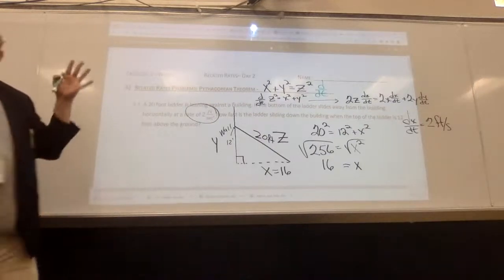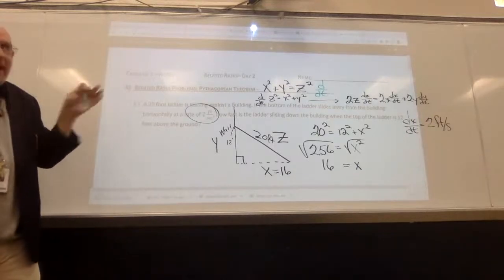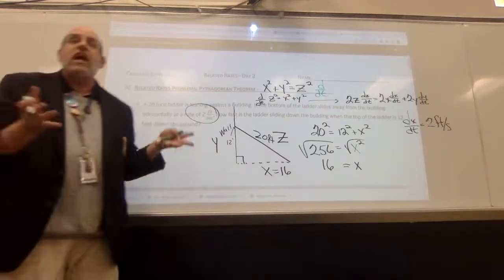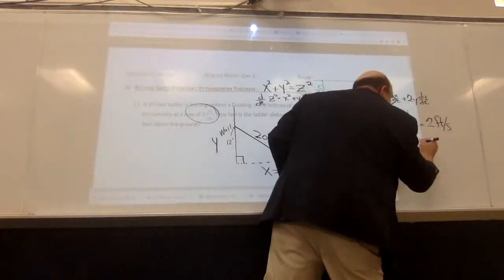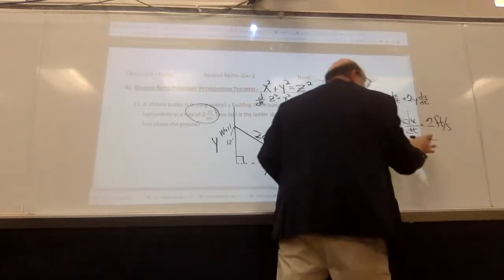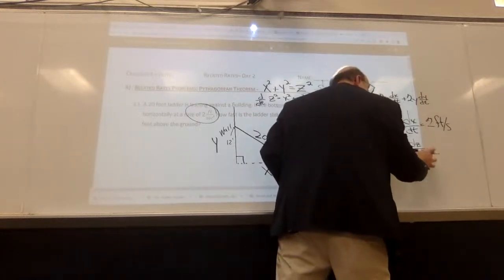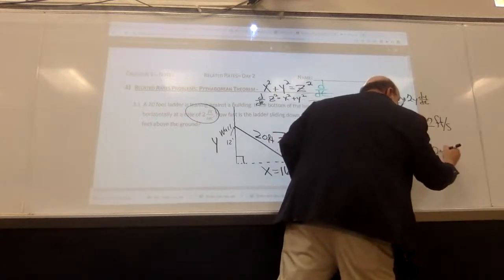We know that the length of the ladder, unless it's an expandable ladder, ain't gonna change. So we know that dz/dt, the change in length of the ladder in respect to time, is nothing.